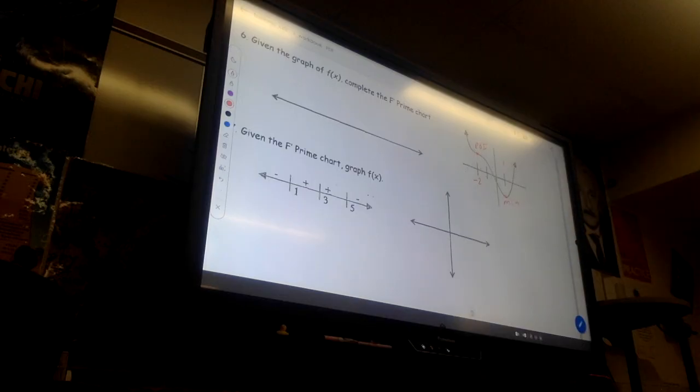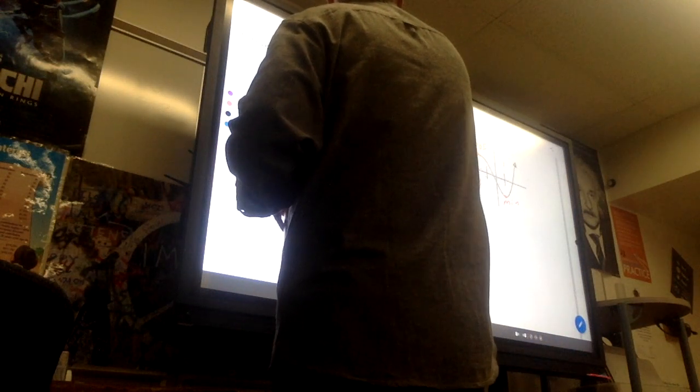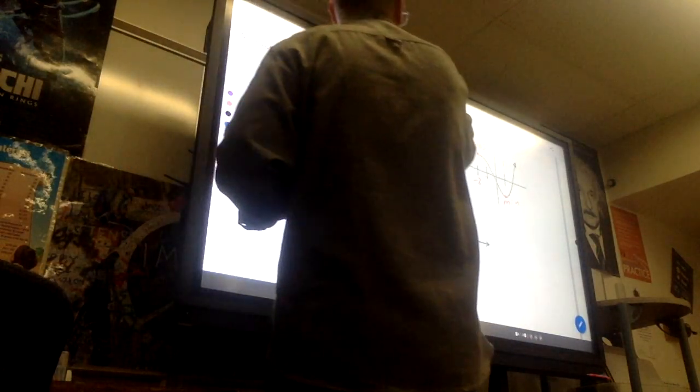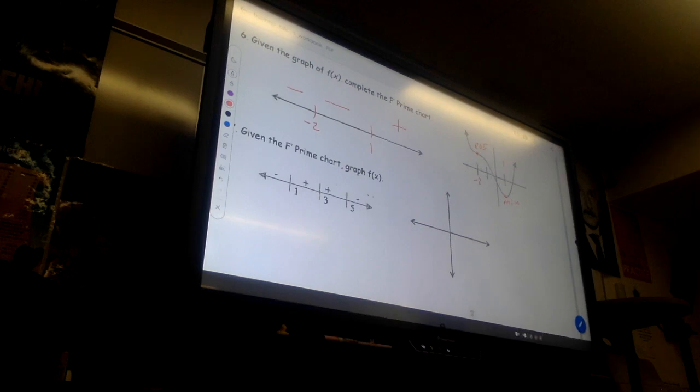Okay, so if we were to set up our sign chart on this, we have -2, and then we have 1. So this would have given me a negative like that, and then to a positive, and that's what that derivative F prime chart would look like based off that. And showing at the -2, you have a point of inflection taking place.